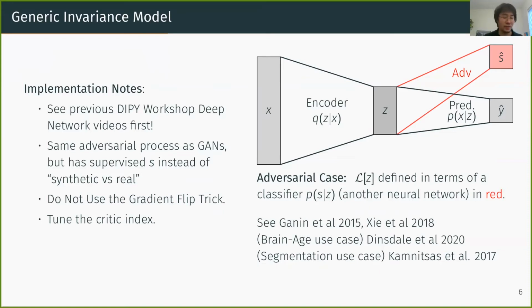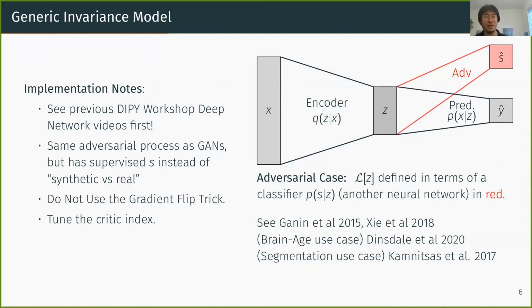And a word of warning, if you were to implement this naively, just straight out of the box, Ganin et al. in 2015 and other early methods use the gradient flip trick. So that's a trick on the adversary to train it all at the same time. Do not do this. The gradient flip trick is suboptimal because you want to overtrain the adversary. You want to have a very well-informed network to fight against, so that your primary network, the one in black, can do the best.